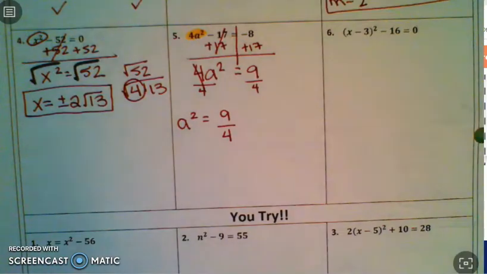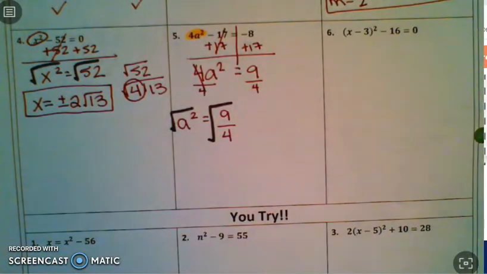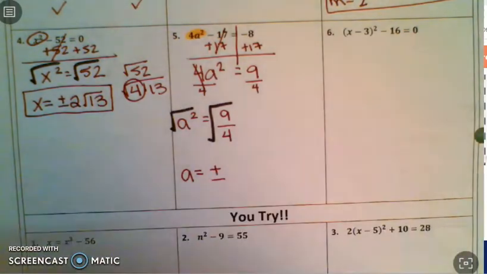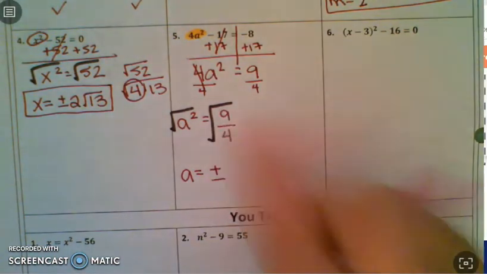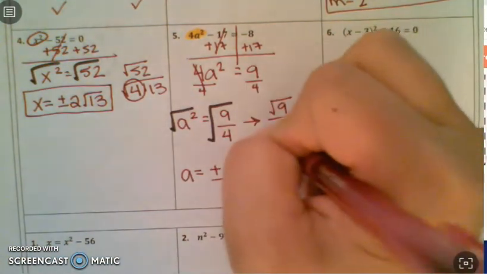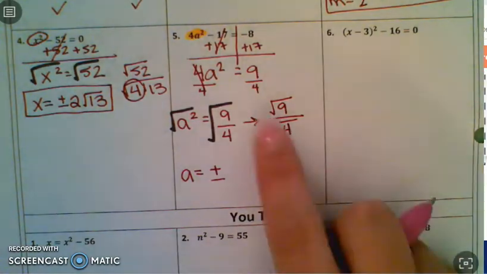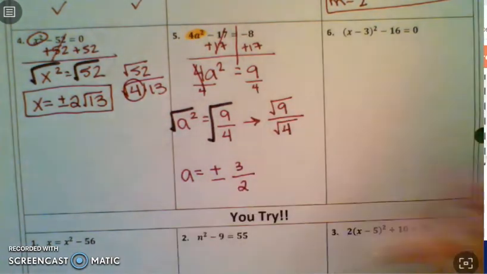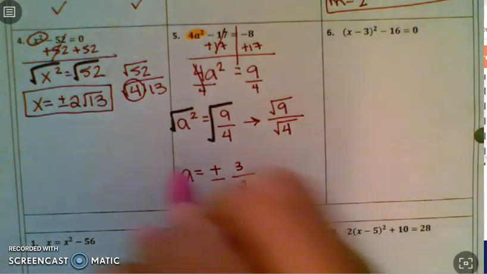Do the same thing like we did before. Square root both sides. a equals, you cannot forget the plus or minus, and the square root of 9 over 4 is the same thing as if I just said the square root of 9 over the square root of 4. So the square root of 9 is 3, the square root of 4 is 2. So we have a equals plus or minus 3 over 2.